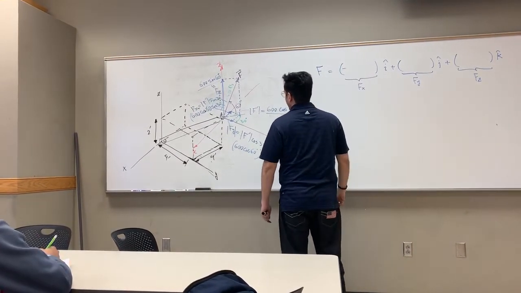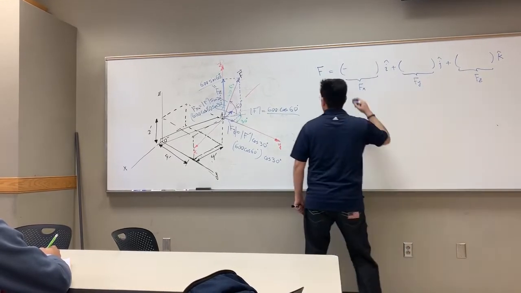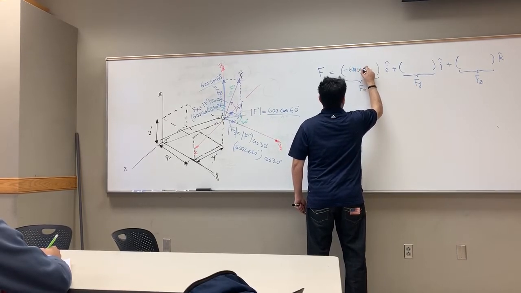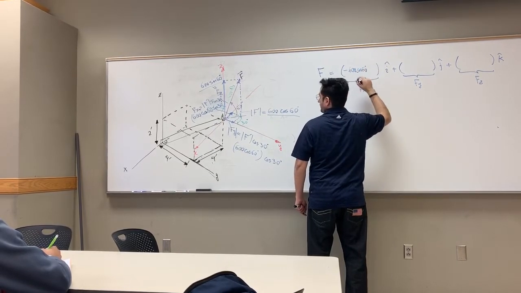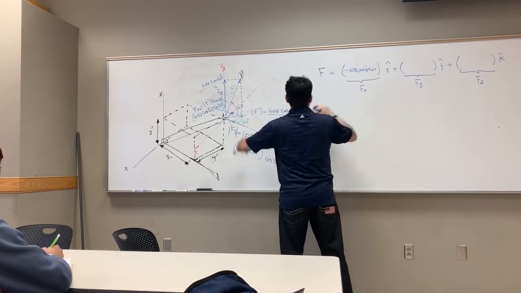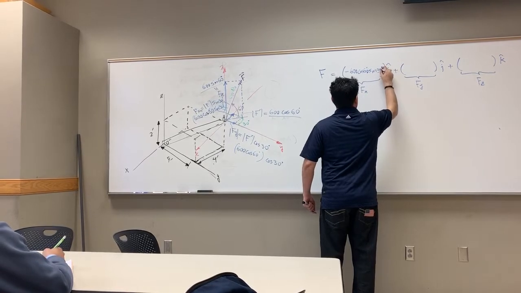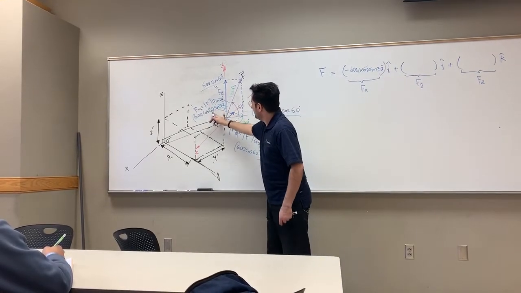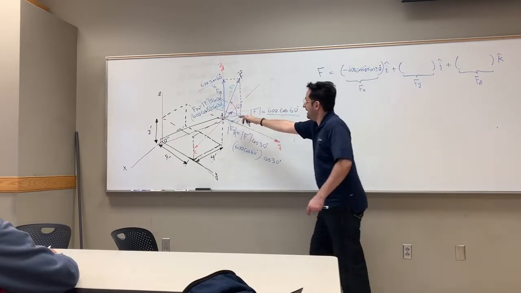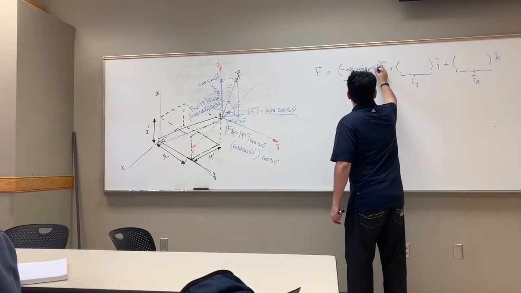And the x component is 600 cosine 60 times sine 30, and it's negative. Look, the arrow is going in the negative direction.